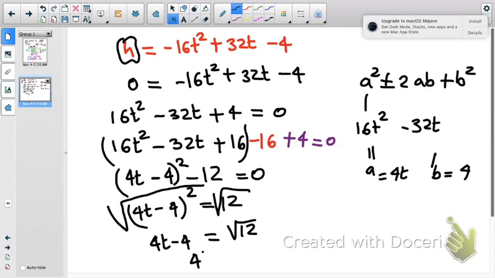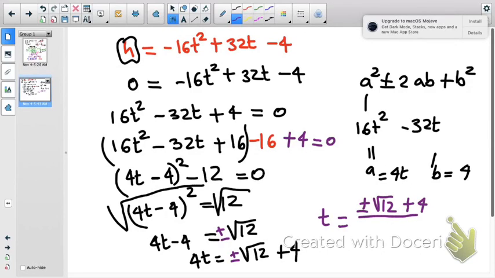Therefore, 4t minus 4 is plus or minus square root of 12. And t is plus or minus square root of 12 plus 4 over 4. Now, plug that into your calculator because that's the easiest way to do it.